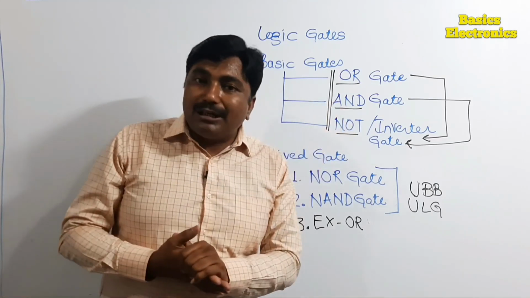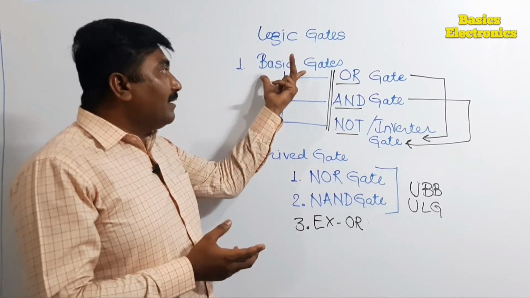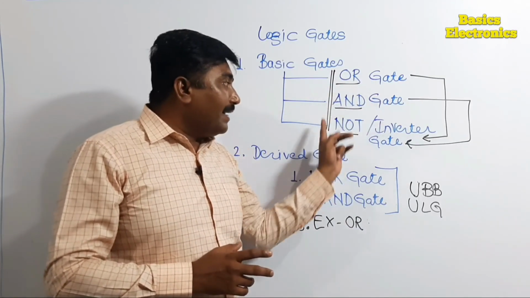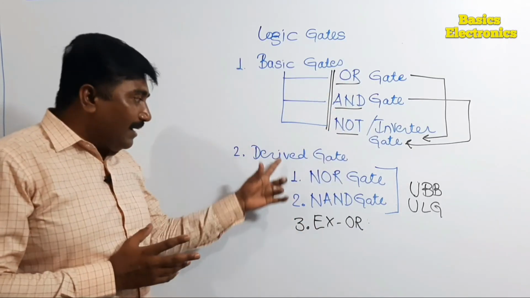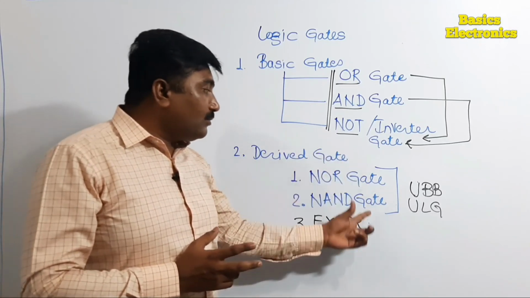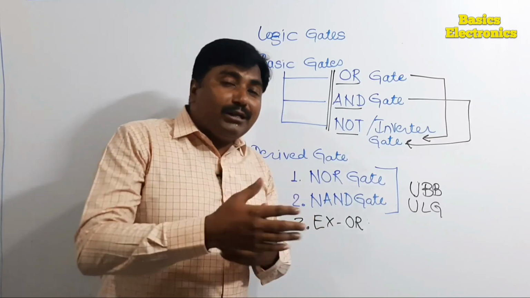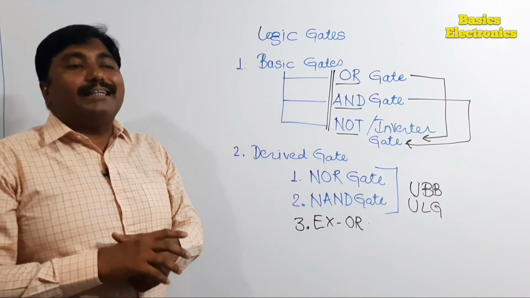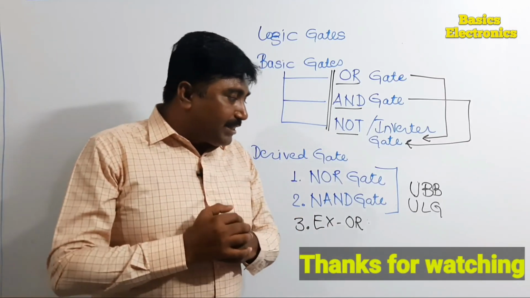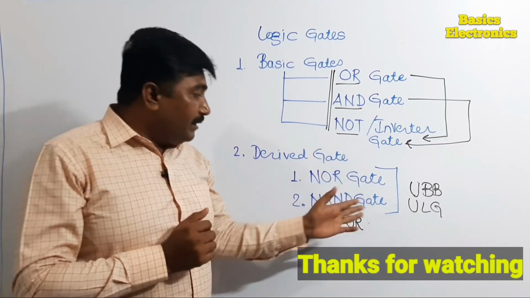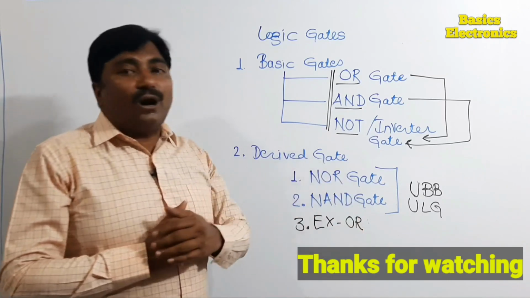Our first topic is the basic gates in detail: the OR gate, AND gate and NOT gate. Then we consider the NOR gate and the NAND gate. After that, we see some mathematical statements for the logic gates, and then we move towards the XOR gate.